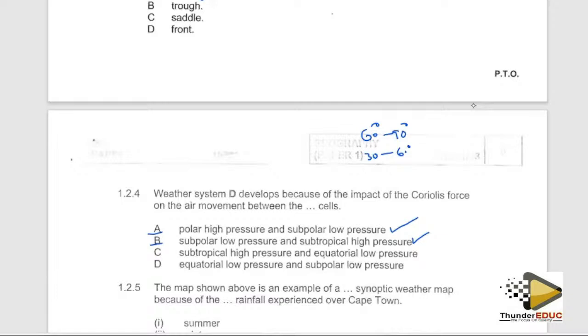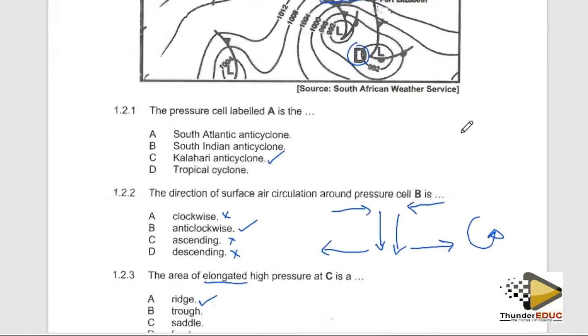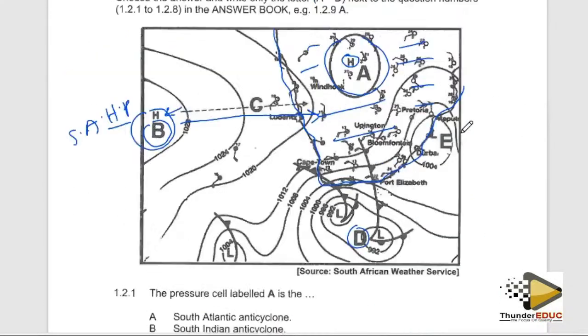In 1.2.5, it says the map shown above is an example of a dash synoptic weather map because of the dash rainfall experienced over Cape Town. Right. So the map above, if you check the map once again, you can notice there is a high pressure cell dominating the interior.